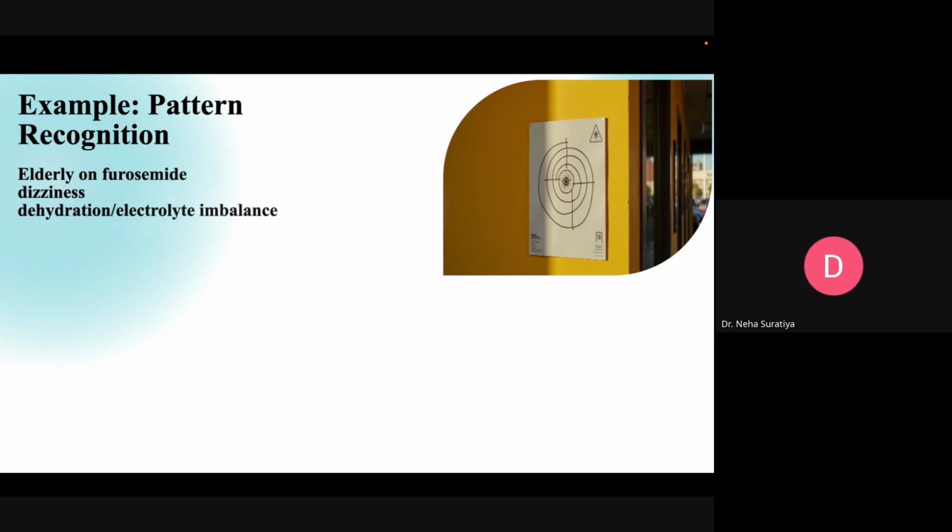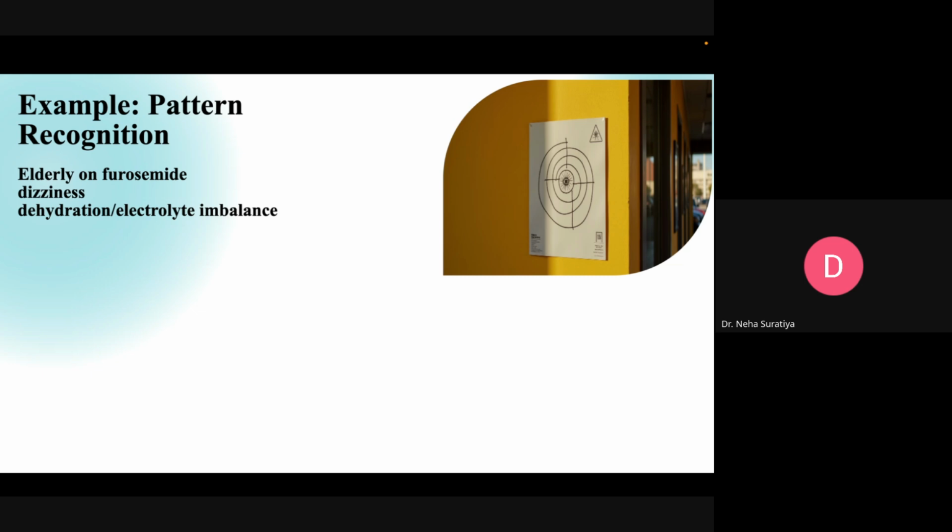For example, you are seeing an elderly patient who is on furosemide and who complains of dizziness. Now, without doing a long analysis, your mind immediately tells you a common pattern. What is the common pattern here? Furosemide causes what? Fluid loss, right?